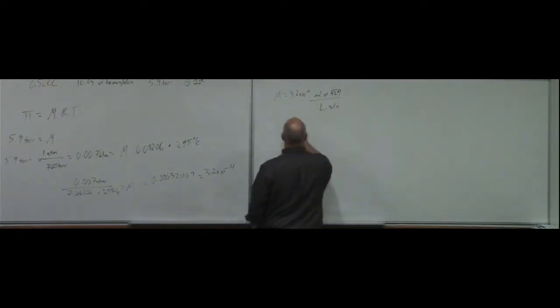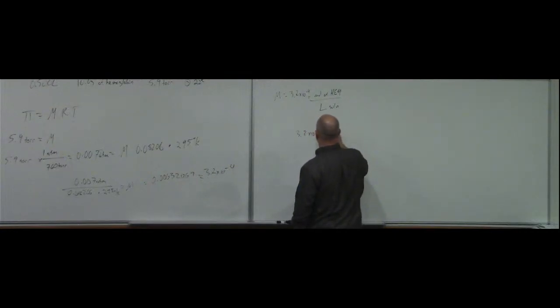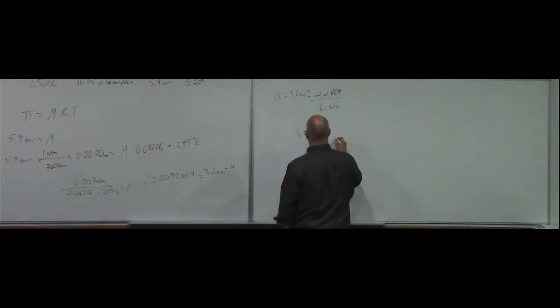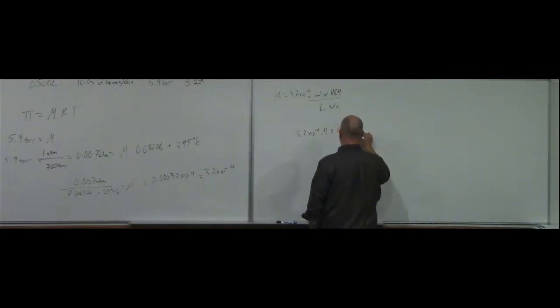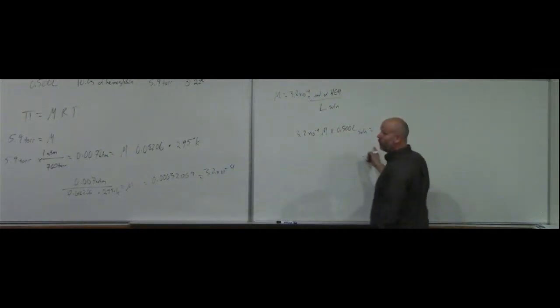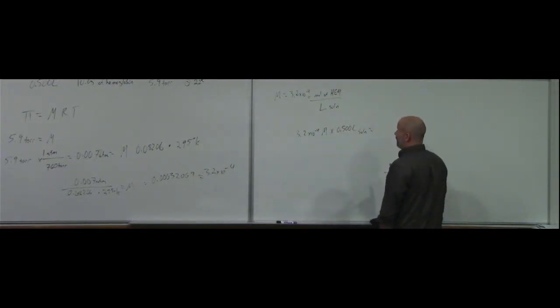So 3.2 times 10 to the negative 4th molarity times my liters of solution, 0.500 liters of solution, is going to give me moles of solute, right?